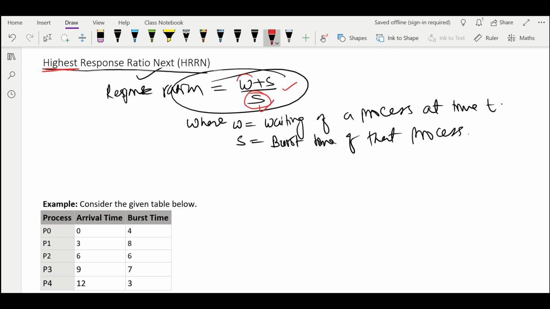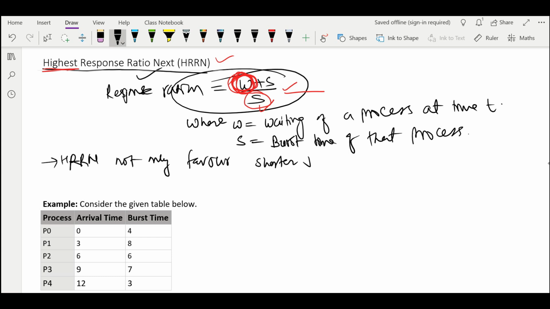Also, when you have a large waiting time, because this is in the numerator, the value will come out large. So if waiting time is also large, this algorithm will favor that process also. So that means this HRRN not only favors shorter jobs.